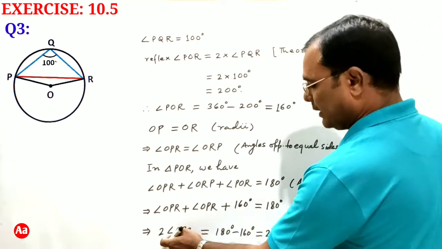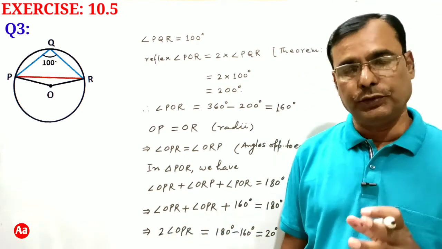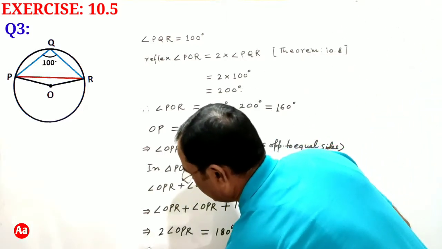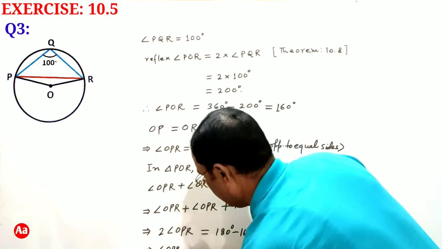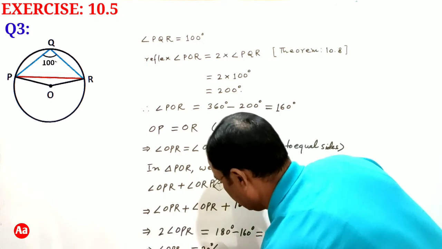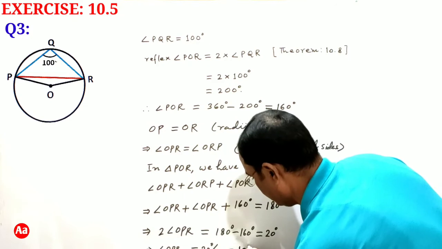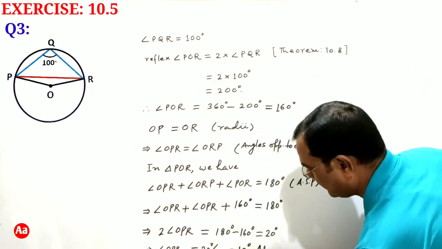So twice of angle OPR is equal to 20 degrees. Therefore, what will be OPR? So this implies angle OPR equal to 20 degrees divided by 2, which is equal to 10 degrees, and this is the answer.